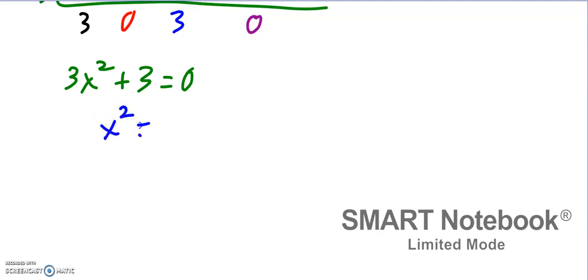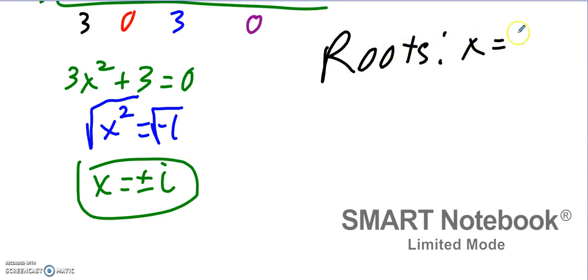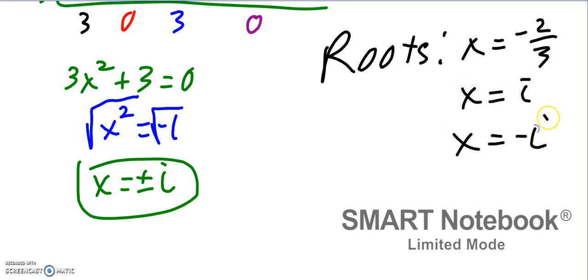I'm going to end up with x squared equals negative 1. Now if I take the square root, what's the square root of negative 1? Very good. Plus or minus i. Excellent. So my roots are x equals negative 2/3, x equals i, and x equals negative i.